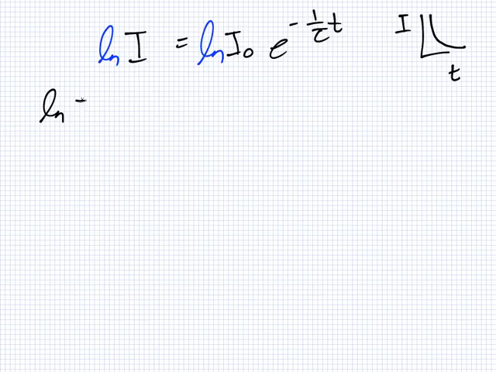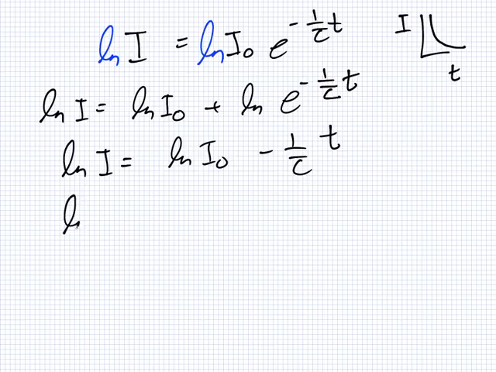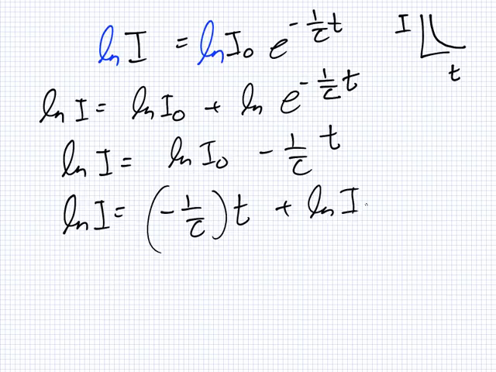Log I equals log I0 plus log e to the minus 1 over tau t. So that means log I equals log I0 minus 1 over tau t. That means log I equals minus 1 over tau t plus log I0.